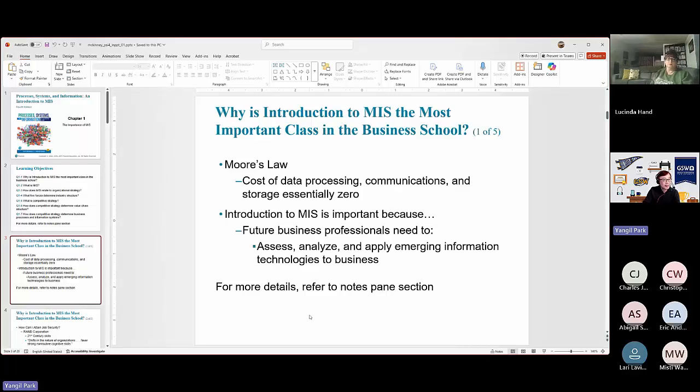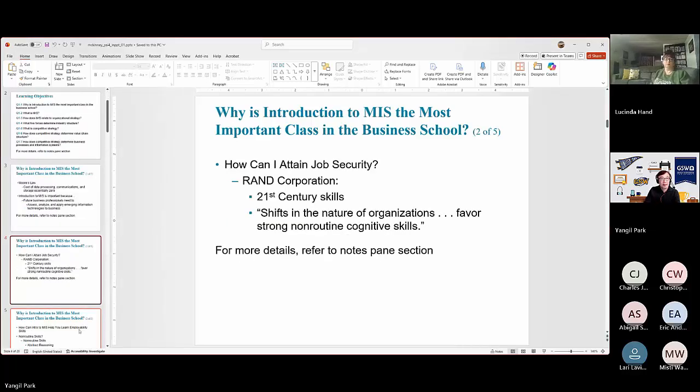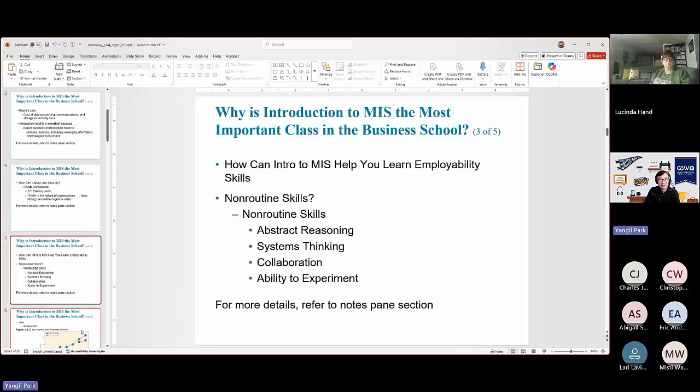And then I'm going to skip some things that I think are not really important compared to others, and all those emerging technologies going on. So what are the skills that we need? What skills actually do we need to develop, probably from this MIS course or other business courses? I think one of the important skills is abstract reasoning.